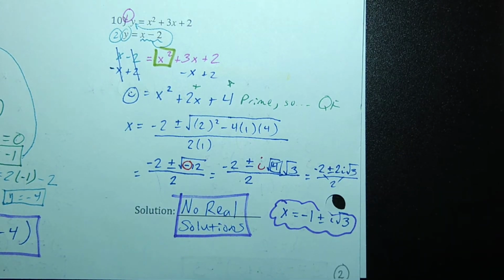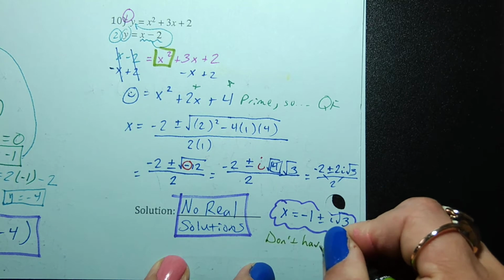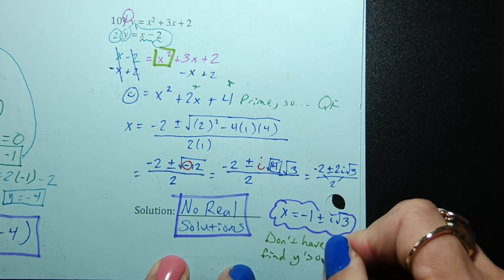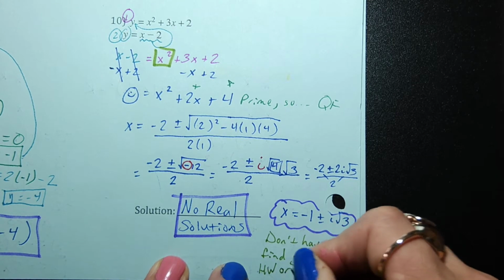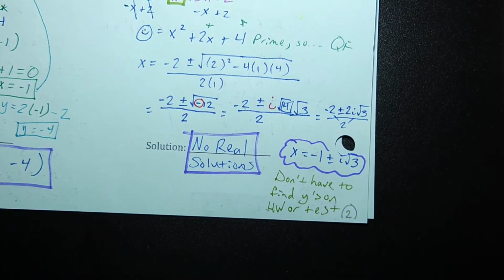So on the homework, you don't have to get the y values. Don't have to find y's on homework or test. I just wanted to show you that you could do that in the notes, but I'm not going to make you do it on the homework or the test. Sound good? Sounds great.